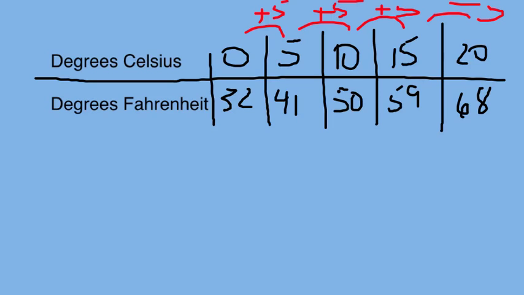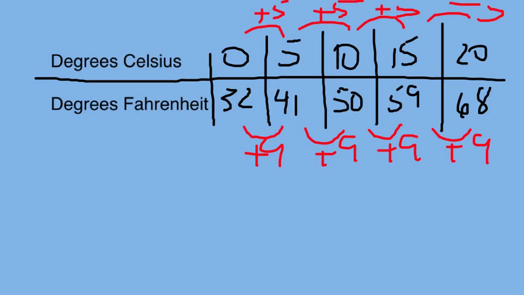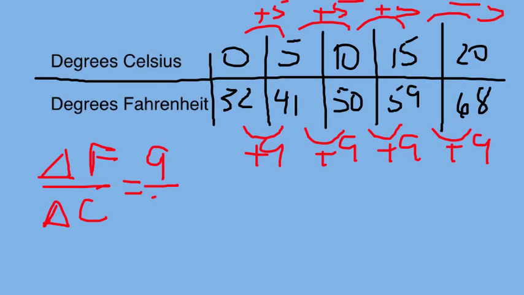And each time here, we're adding 9. Okay, so our change in Fahrenheit, I'm going to do the delta change in F over the change in Celsius, equals 9 over 5 each time.